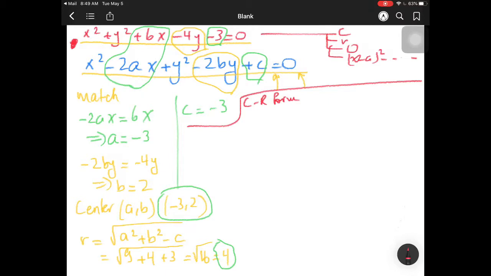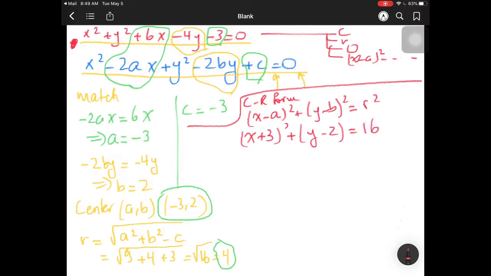And as we know it, it's (x minus a) squared plus (y minus b) squared equals r squared. X, my a is minus 3, so this is plus 3. Y minus b, my b is 2. And the radius is 4, so r squared equals 16.